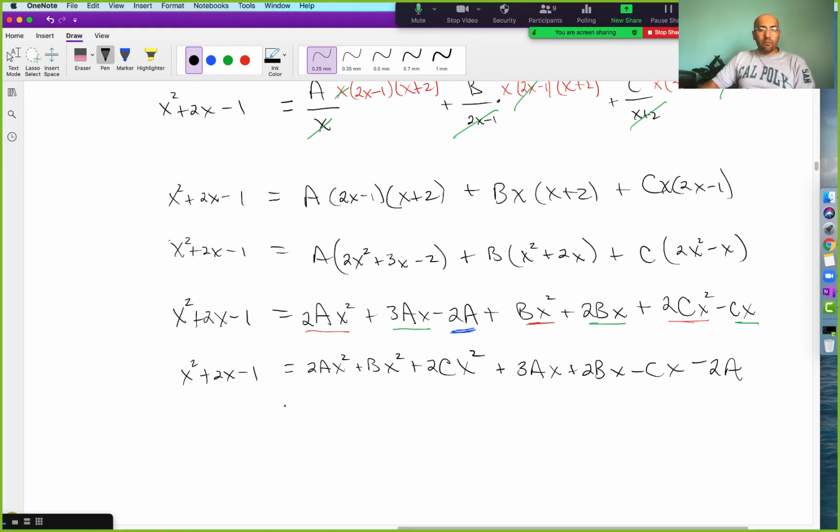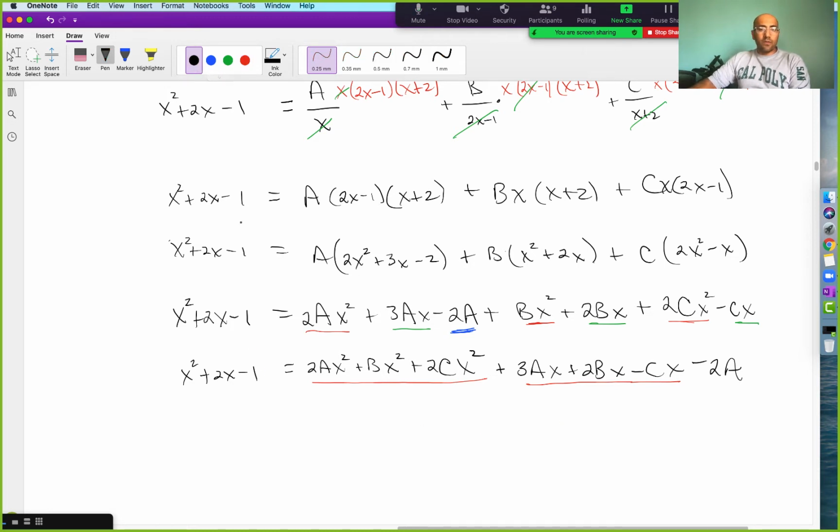Okay, here's where the power of that equal sign really comes in. What I want to do is factor out the common terms to these three. They all have an x squared in common. These all have an x in common. And then this one doesn't have anything, leave it alone.